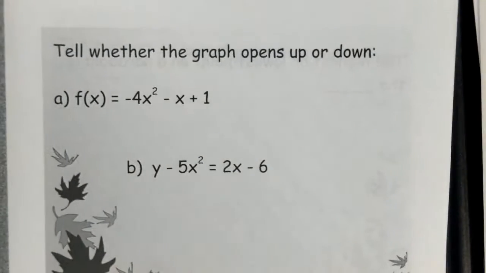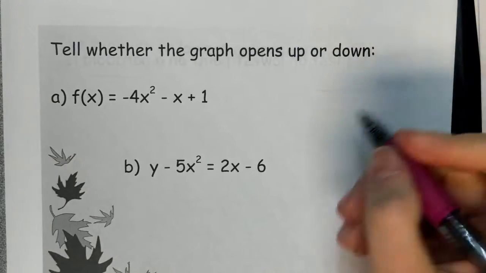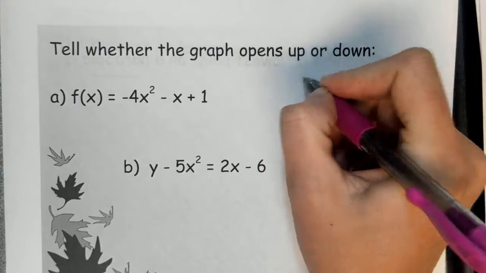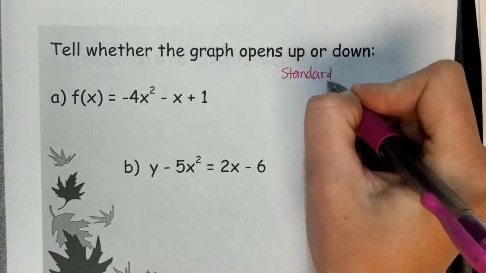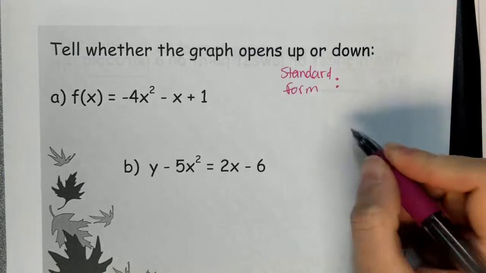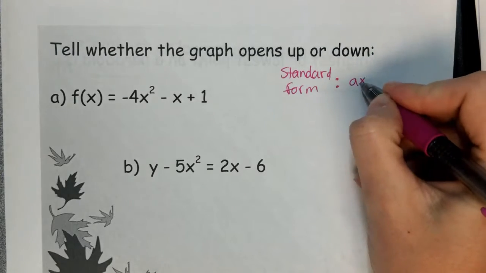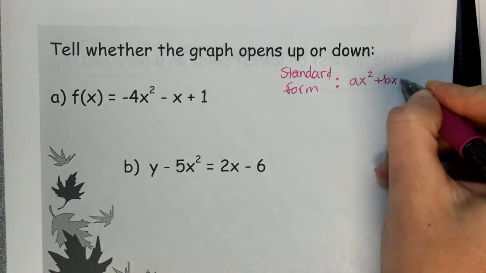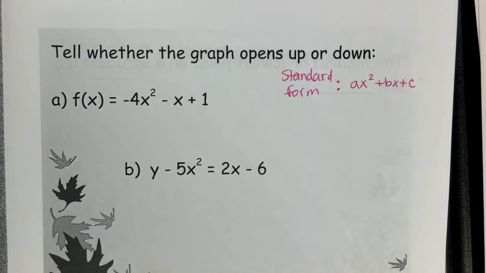So let's look at some examples. Thinking back to polynomials for a brief second, we talked about standard form. And standard form was when you put the highest degree term first. Standard form for a quadratic is the same ax squared plus bx plus c guy.